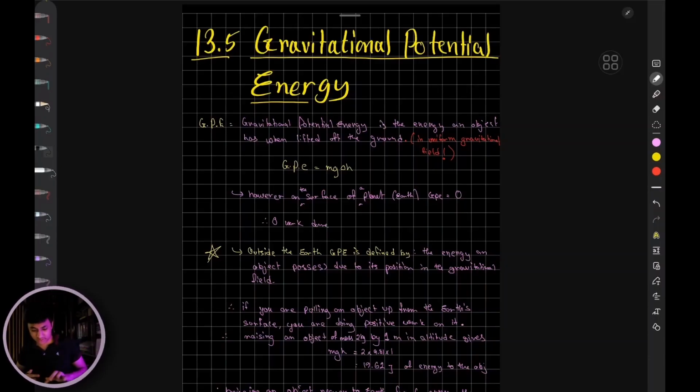We used to say gravitational potential energy is the energy of an object when it has been lifted off the ground through any distance. The amount of energy it will have relative to its height above Earth. So we used to say gravitational potential energy is mgh. Again, considering g is constant, that means near the Earth's surface.